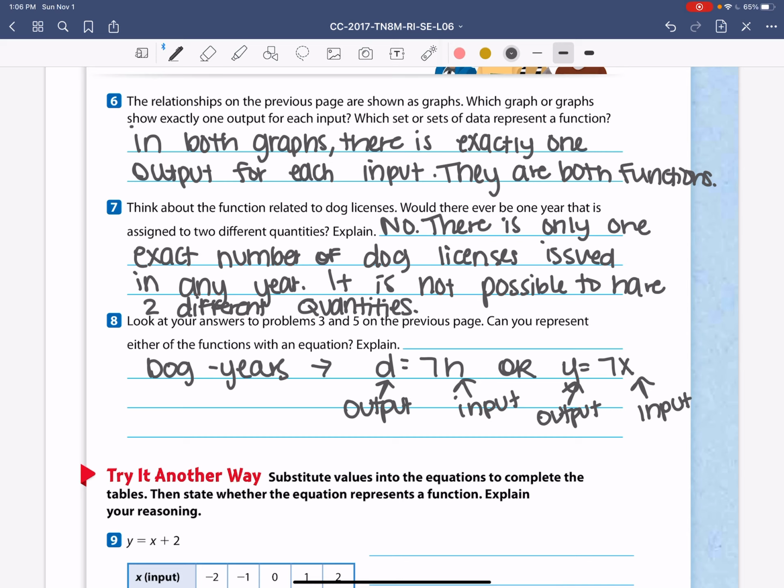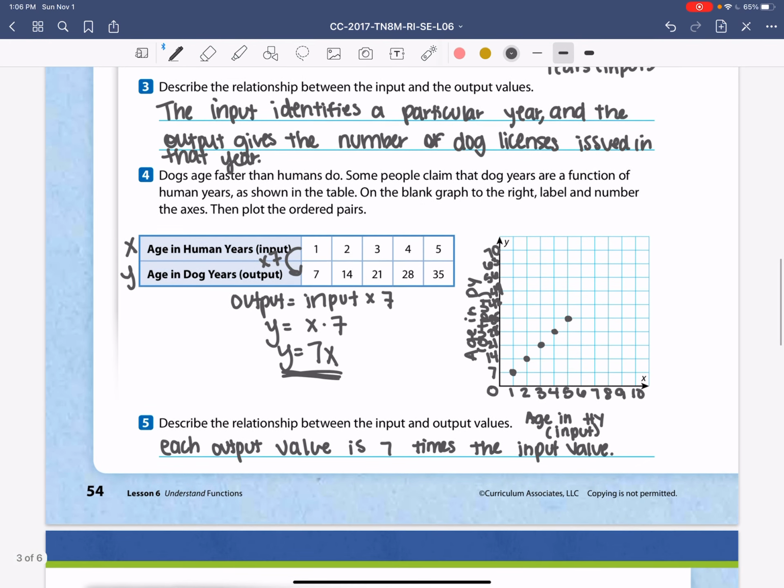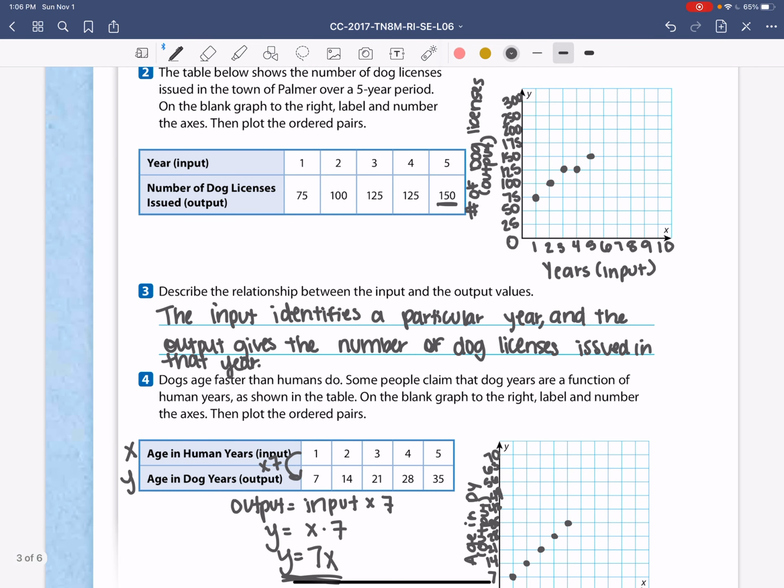And the dog license one cannot be described with an equation though. If you look at the dog license one up here, the reason we say that is if it continued on in a line, like a straight line like here and here, and I'll use that in a different color.